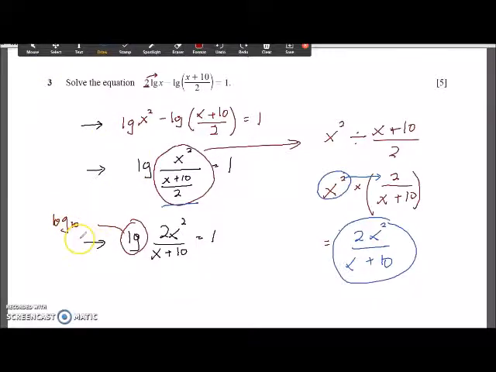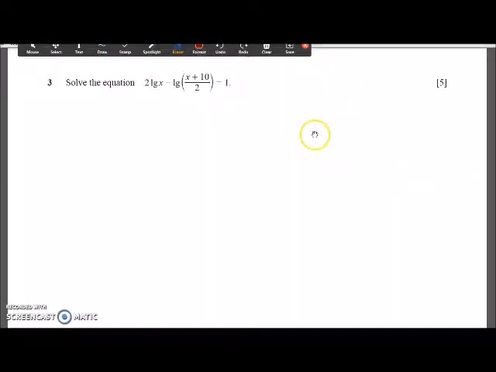So I just purposely write here log 10, 2x square over x plus 10 equals to 1.